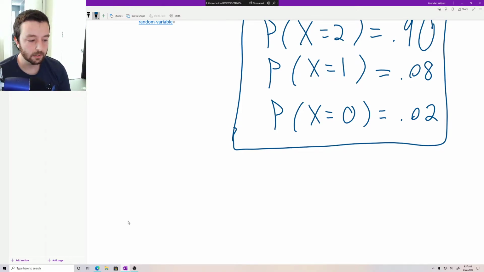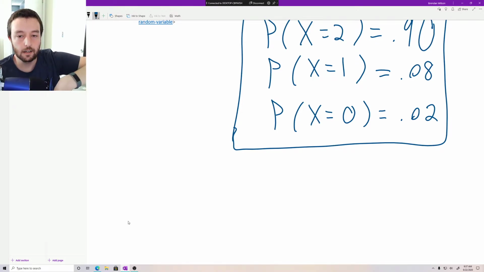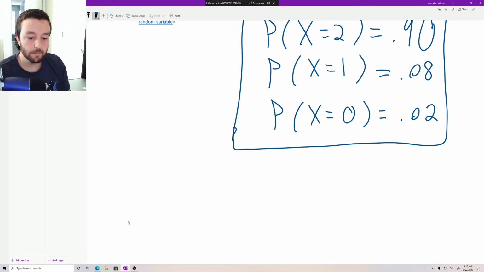So, for example, if I keep betting $5 on this card game and I do this 10 times, how much money do I expect to get at the end of it? And this is very useful because being able to calculate the expected value tells us whether or not something is worth our while, right? Like whether we should bother with it or not.